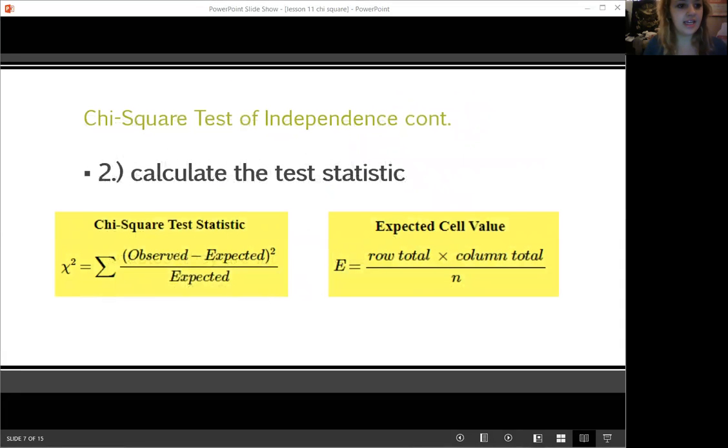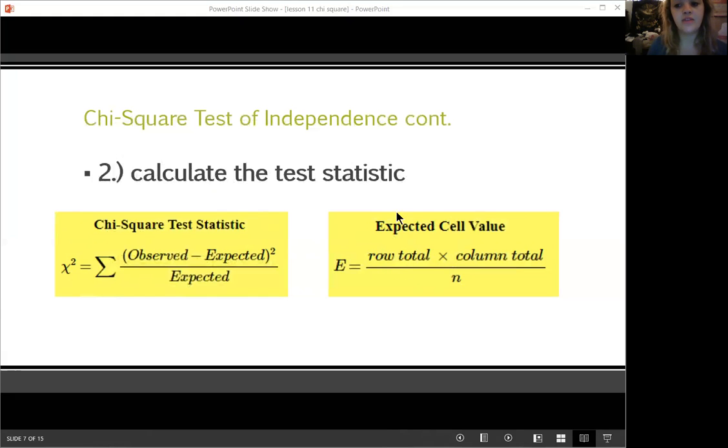All right, so our second step for our chi-squared test of independence is going to be our test statistic, remember? This is just a little bit of a review of what we talked about earlier, how to find that test statistic, which is our chi-squared, and then our expected value in terms of our cell value.